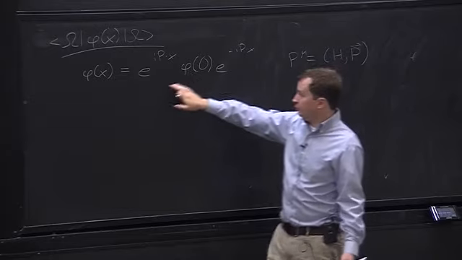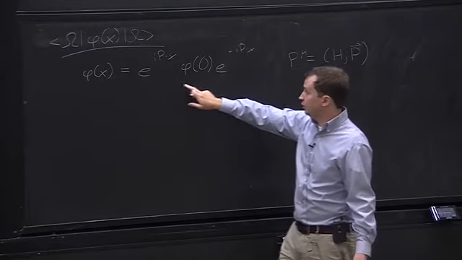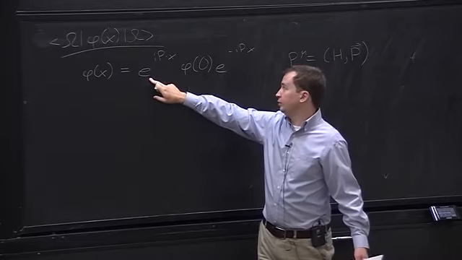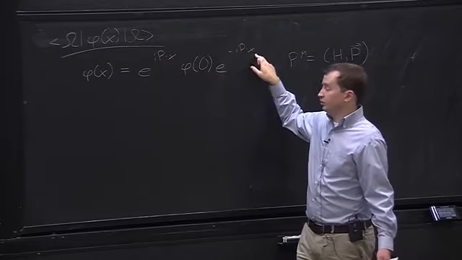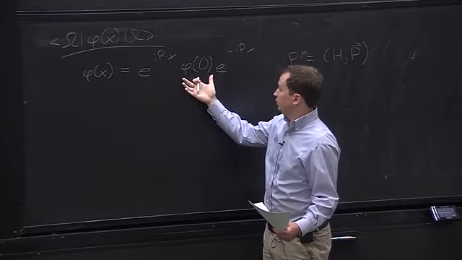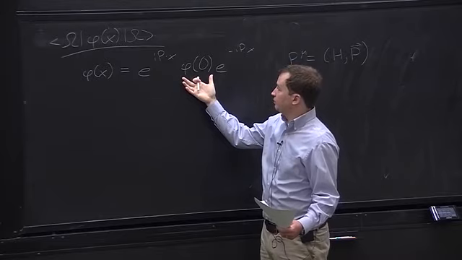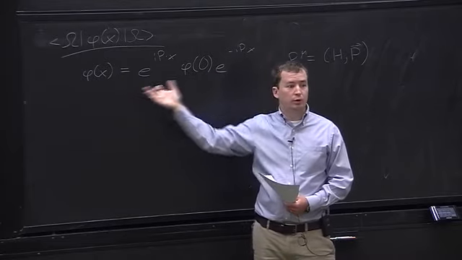So if we were going back and forth between the Heisenberg picture and the Schrodinger picture, we'd just act with exponential of iHt on, or minus iHt on either side. That basically translates our operator in time, and we can do the same thing to do a Fourier translation.